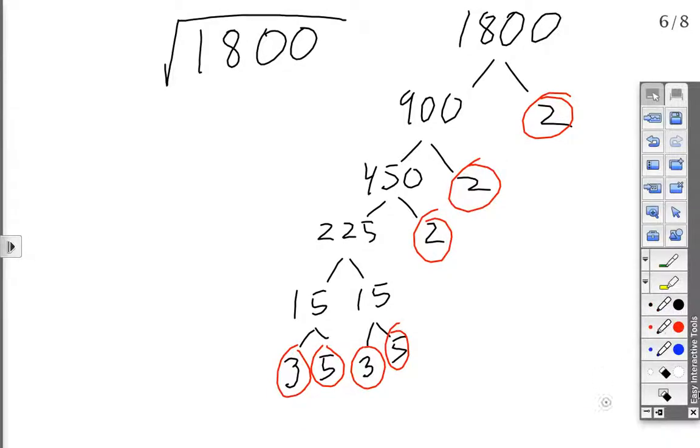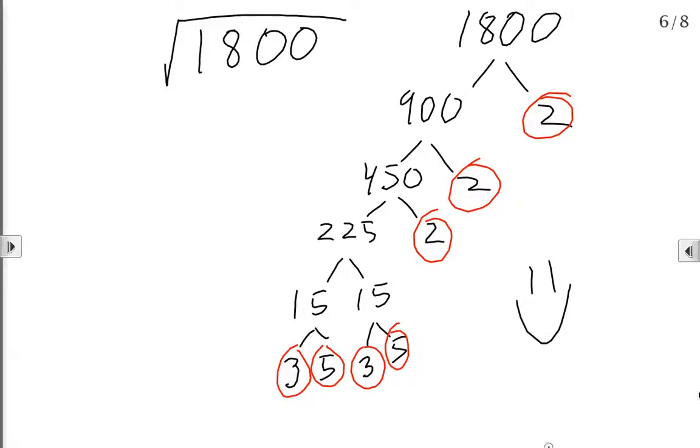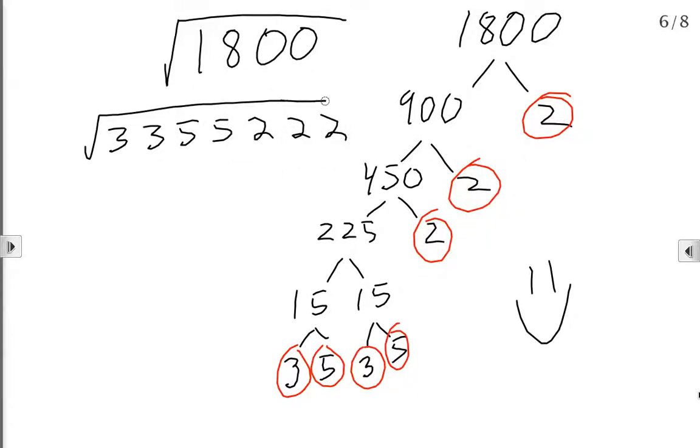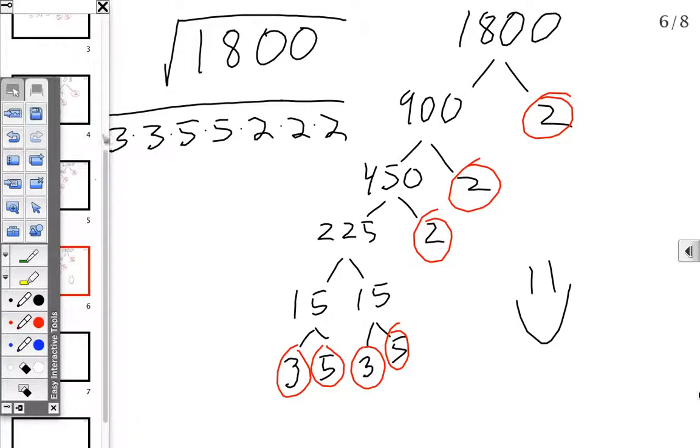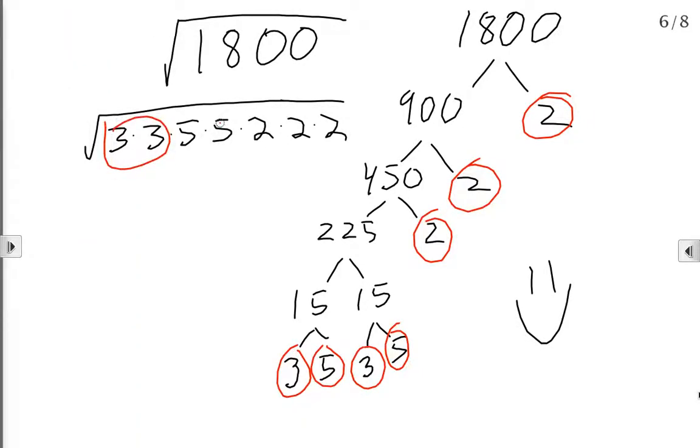Okay, I'm assuming you hit pause. So what you just did, I hope, was take the 3, the 5, the 3, and a 5. All right, that's a 3, a 3, a 5, a 5, and then 1, 2, 3 2s. And you look for pairs.